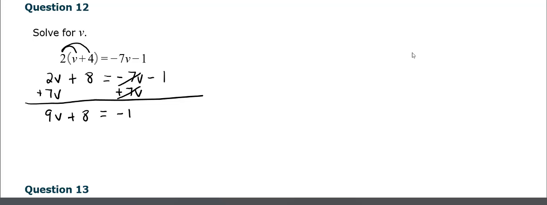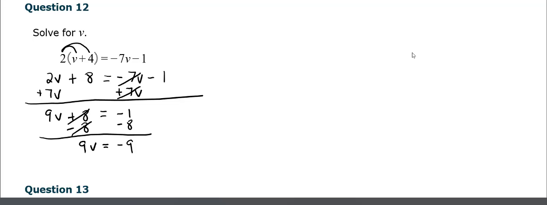So in isolating my variable I need to eliminate the positive 8 by taking its opposite. That gives me 9v equaling -9.